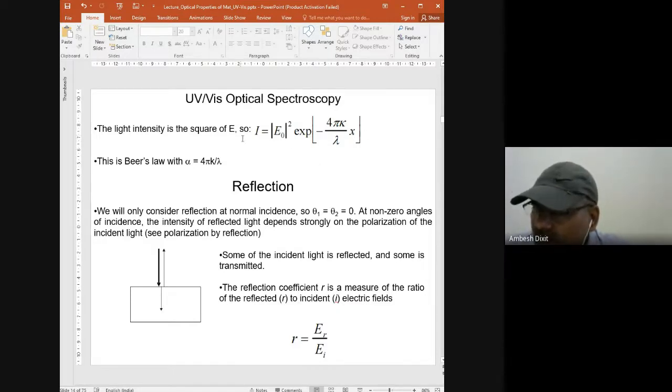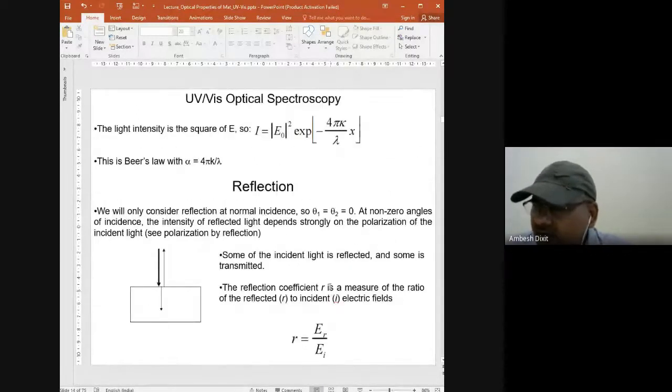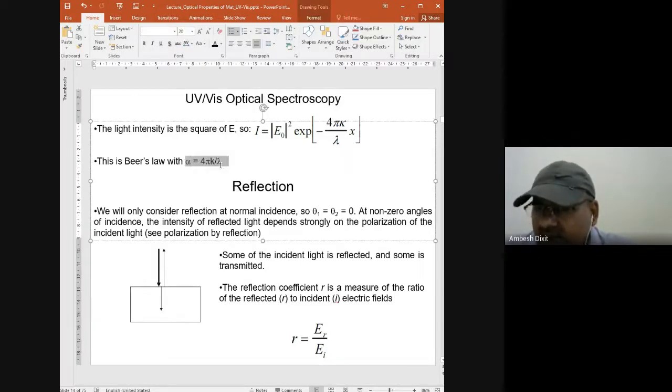That is a simple expression coming from where we started, and I got the same expression, I is equal to I naught e to the power minus alpha x, because E naught squared is I naught. Comparing them, alpha is nothing but 4 pi k over lambda, that is, the extinction coefficient, or the imaginary part of the refractive index, over lambda. That is how you can compute the absorption coefficient. Or the other way, you can measure the absorption directly from your experiment as a function of lambda, and then I can use this relation.